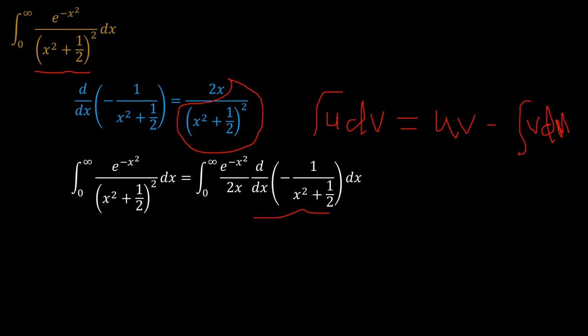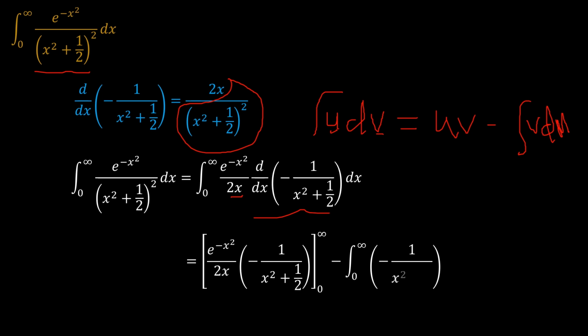And so our u is this, and our v is whatever is inside the bracket, and therefore our uv is e to the power negative x squared over 2x times our v, which is negative 1 over x squared plus half, and therefore applying the limits appropriately.